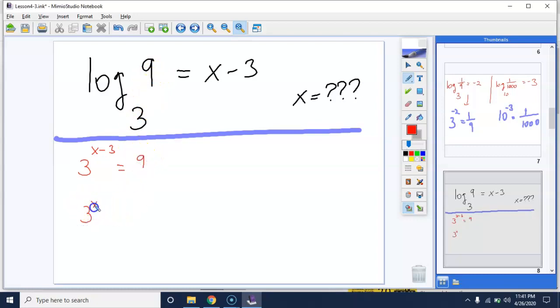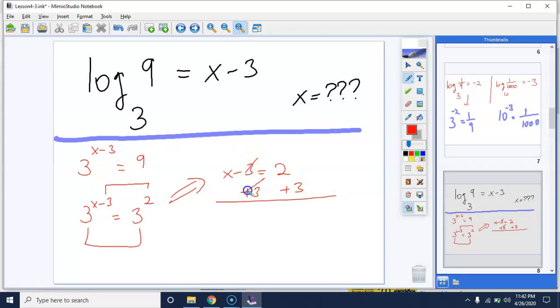Then I have to try to write them with the same base. Since 9 is 3 squared, I can write 3 squared there. As you see, same base, 3 and 3. If we have the same base, the exponents should be the same as well. So x minus 3 should be equal to 2. If I add 3, we get x equals 5. That's my answer. Okay?